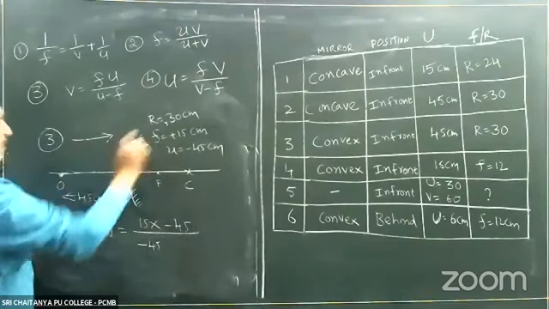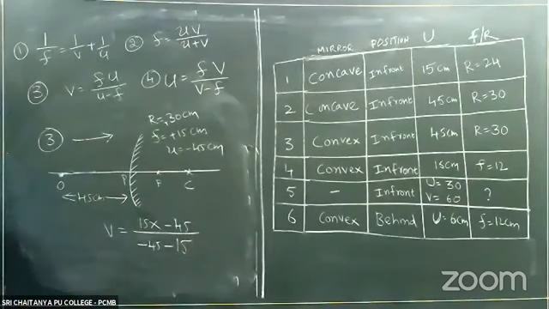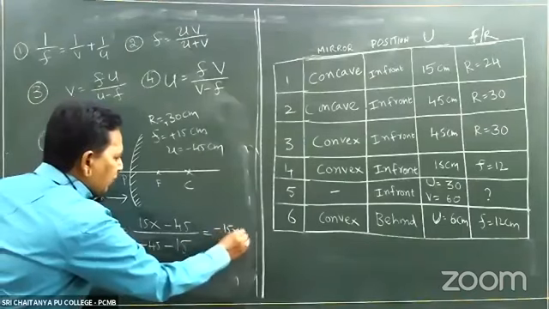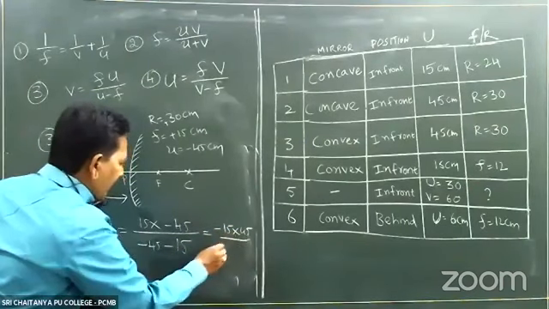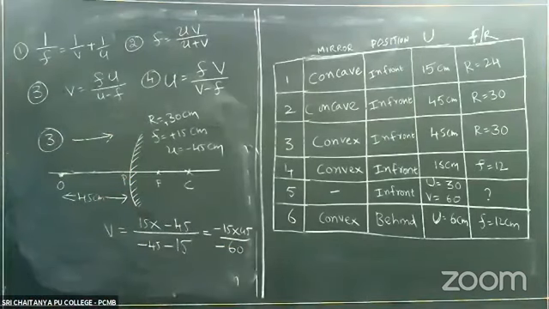Minus into plus, minus only, minus 15. This comes out to be minus 15 into 45 by minus 60. 45 plus 15 is 60. With what sign? Minus sign.